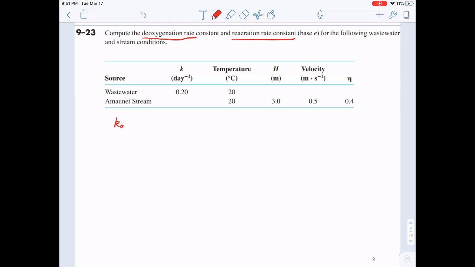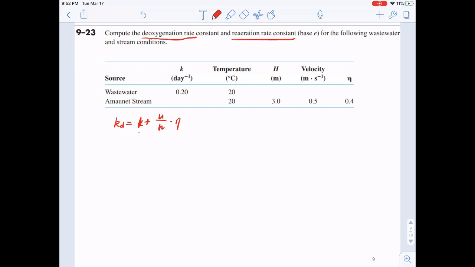So the deoxygenation rate, or the KD, can be calculated by K plus U divided by H multiplied by eta. Okay, the K here is the reaction rate that we determined from the BOD test, which is the BOD rate constant.